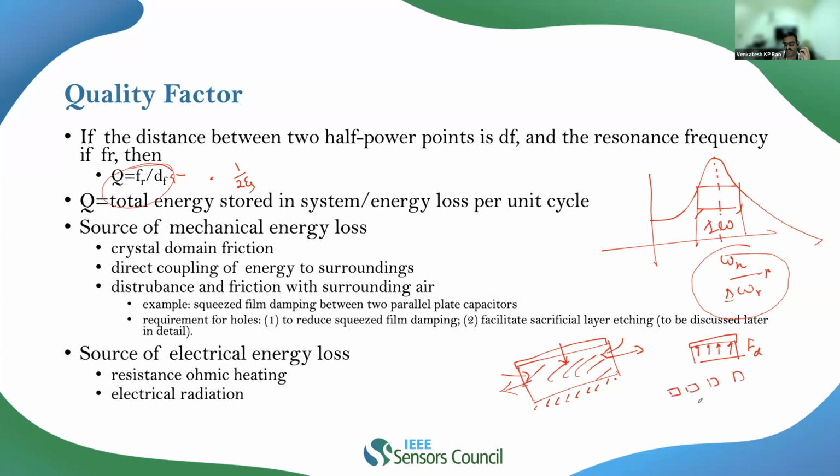So that the etchant can enter in and remove the oxide layer below, right? And what is the advantage of the etch hole? The air is not just escaping out from the side, air can escape out even from the holes as well, and that will reduce the damping present in the system.